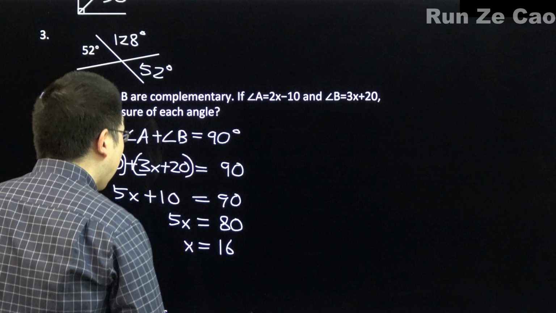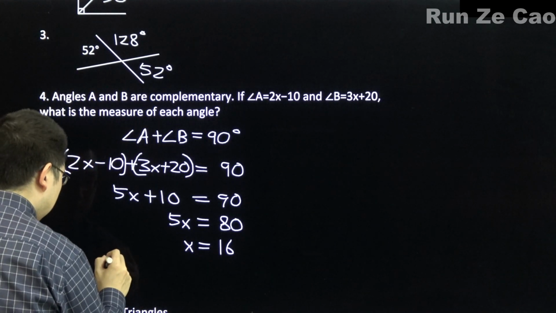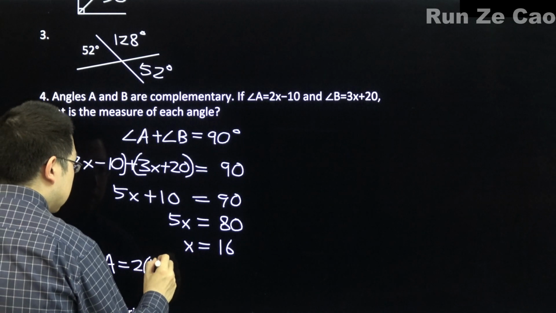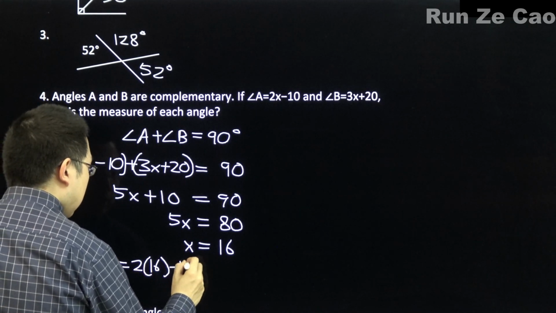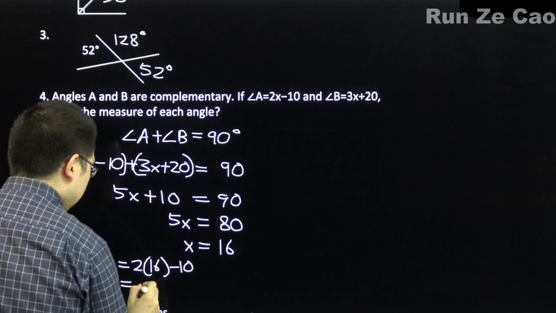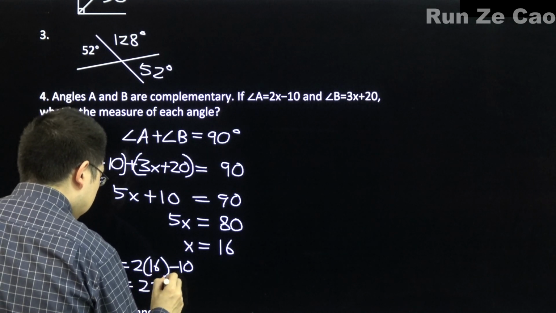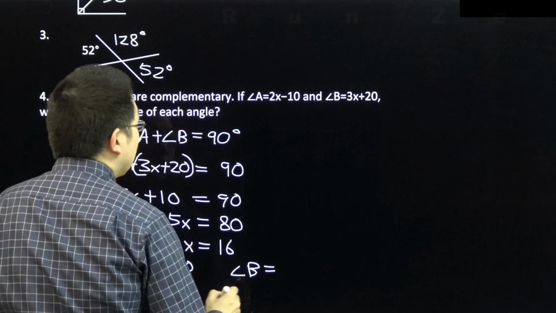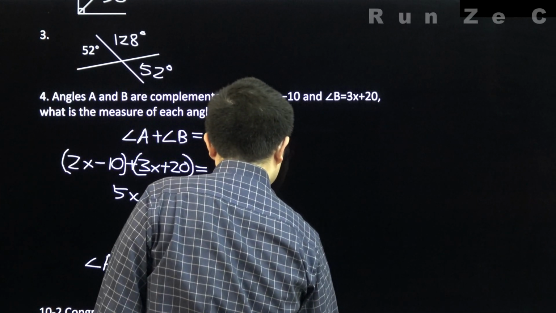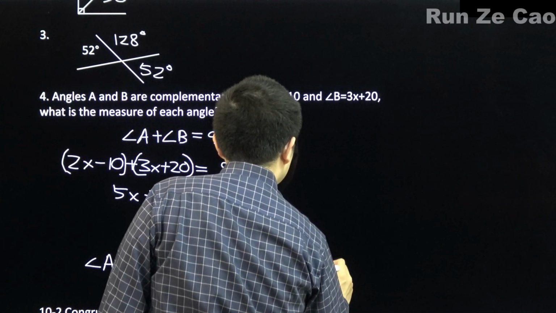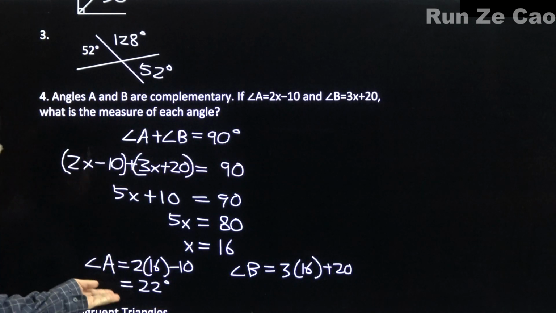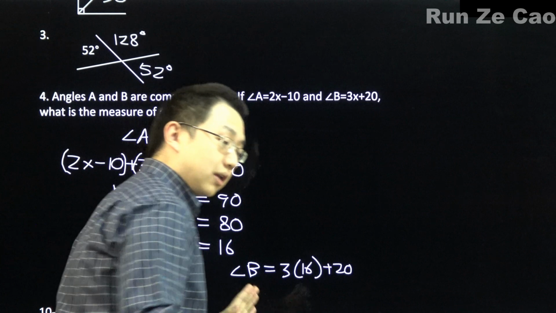And angle A is equal to 2 times 16 minus 10 equals 22 degrees. Angle B is equal to 3 times 16 plus 20. Or you could just subtract angle A from 90 degrees.